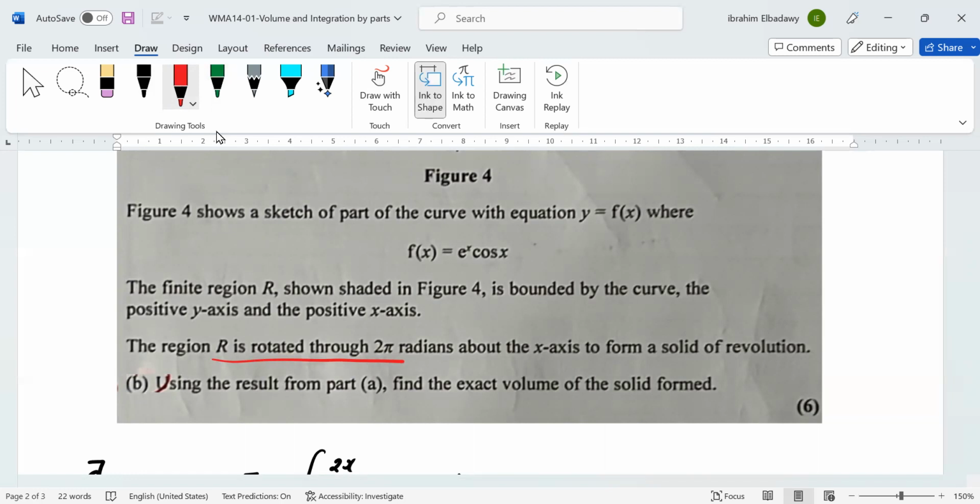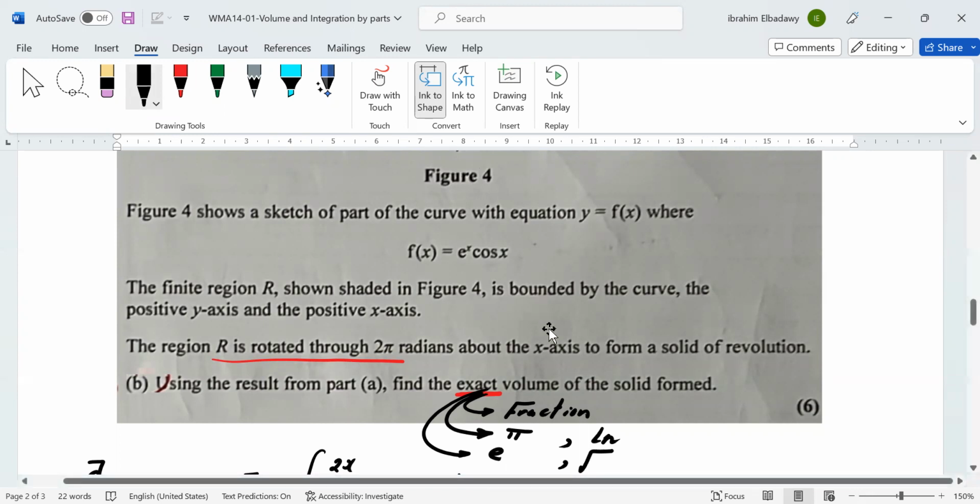Using the result from part A, find the exact volume. He needs exact here, and as I mentioned before, exact means maybe a fraction, maybe in terms of pi, maybe in terms of e, maybe in terms of ln, and maybe a third root. So the exact value, any exact value in A2 maths, may be in these forms, which are fraction, pi, e, ln, or third root. So how can we get the volume in this case?